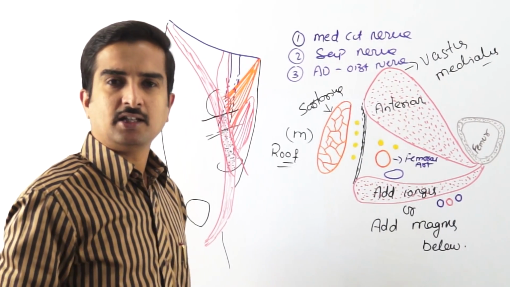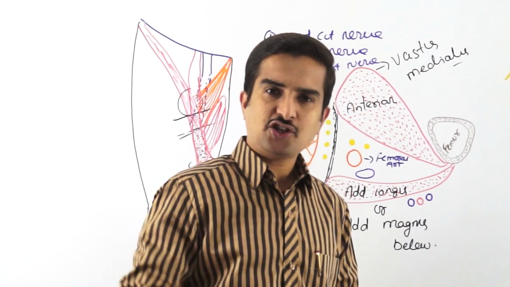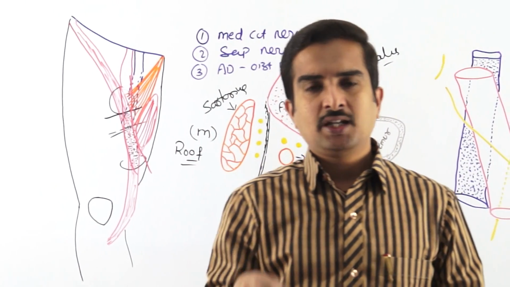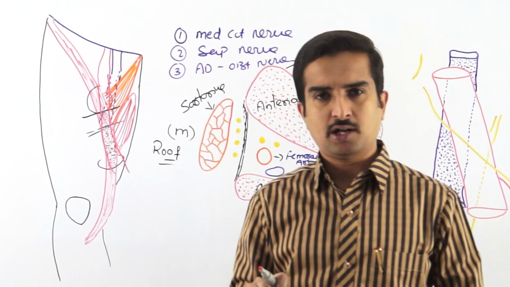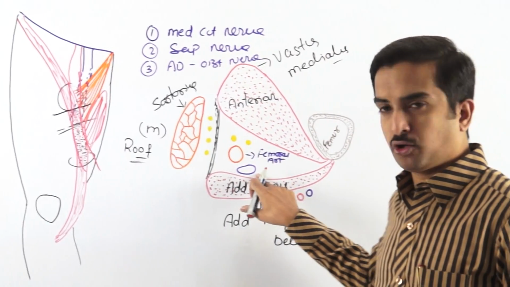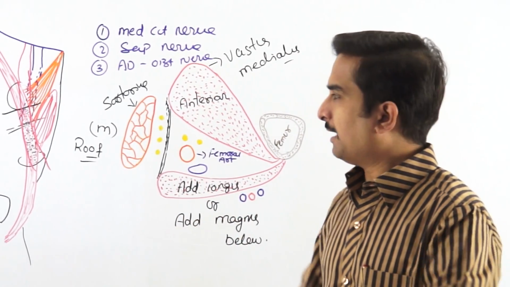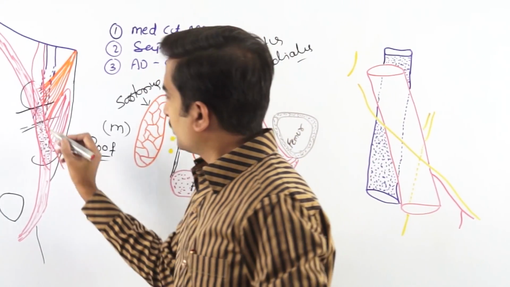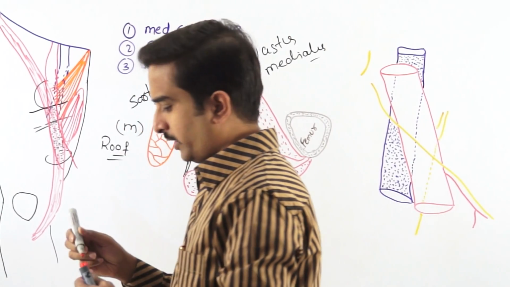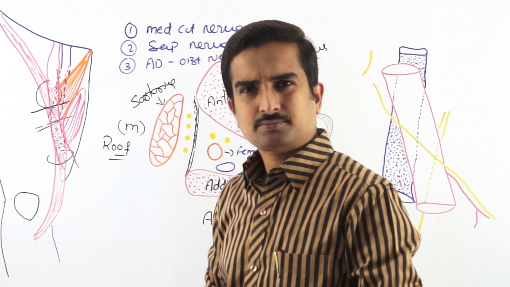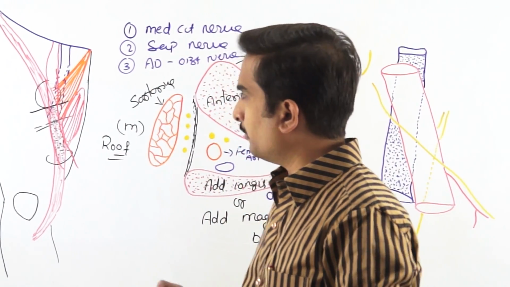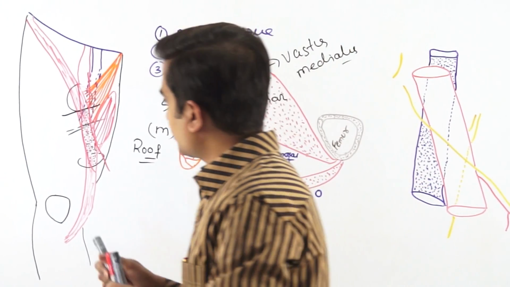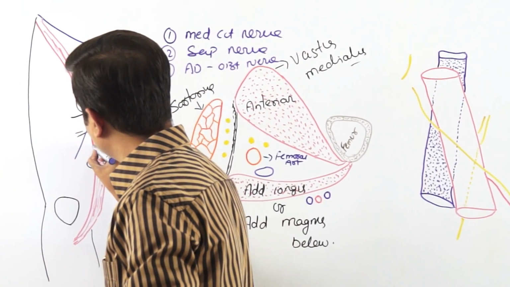Right. That is the reason, if you talk about the relation of the femoral vein in the upper part of the canal, it is exactly behind or posterior to the femoral artery. Okay. And by the time it reaches the lower part of the canal, the femoral artery is mainly going towards the medial side, and the femoral vein runs towards the lateral side here.